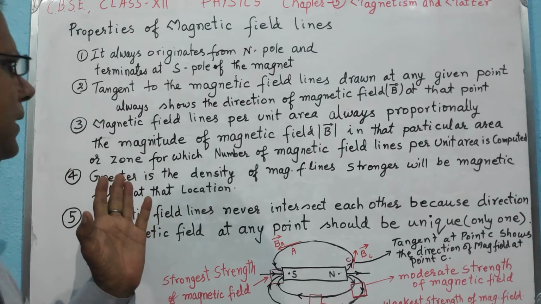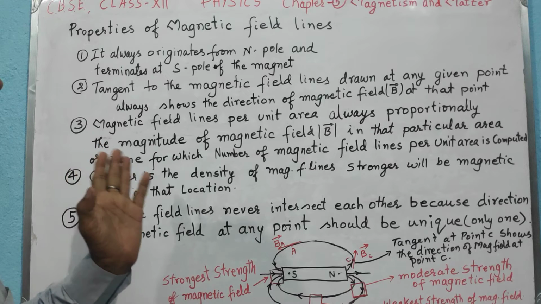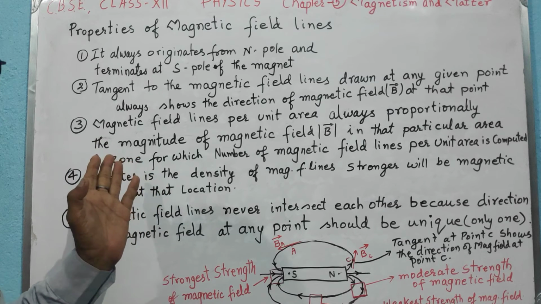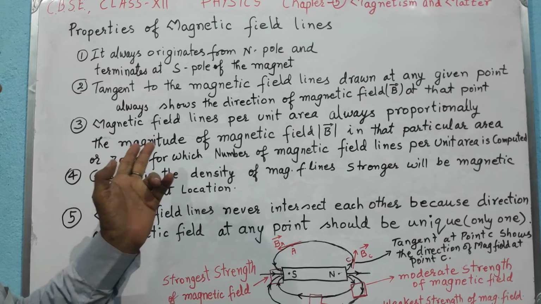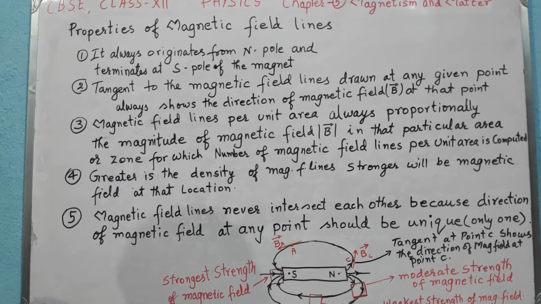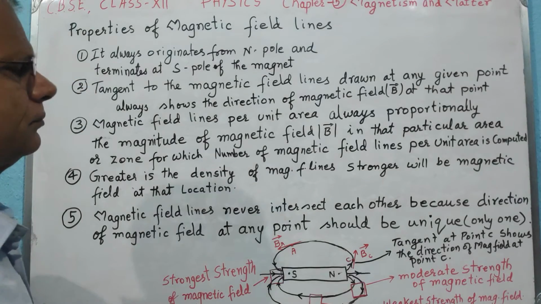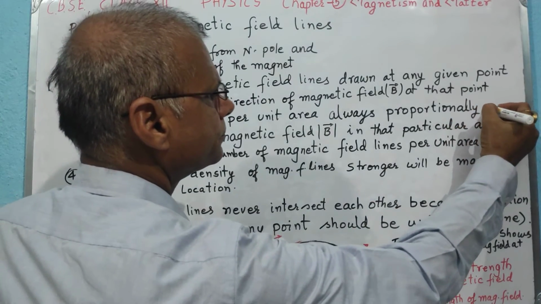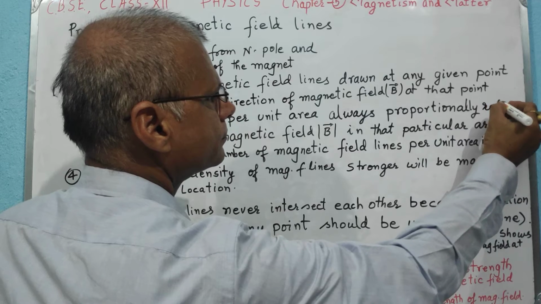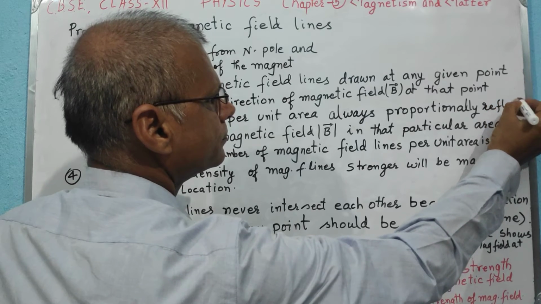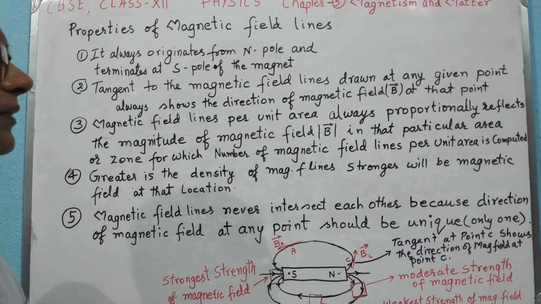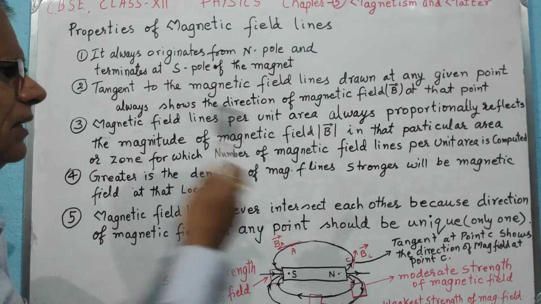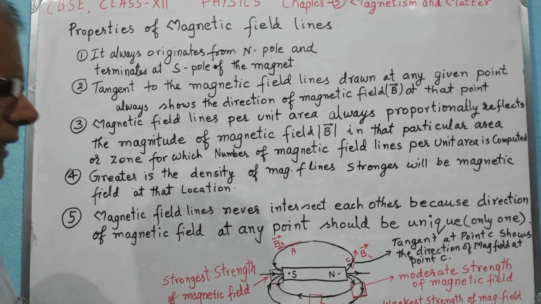always proportionally reflects the magnitude of magnetic field in that particular area or zone for which the number of magnetic field lines per unit area is computed.